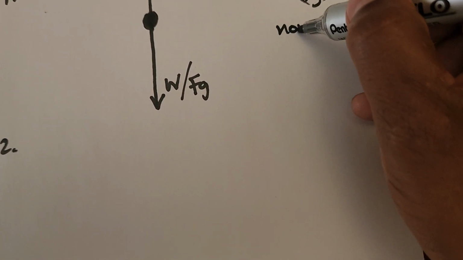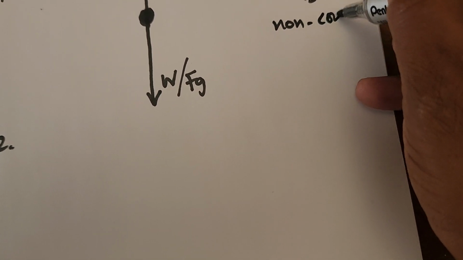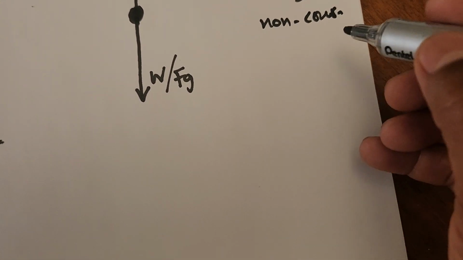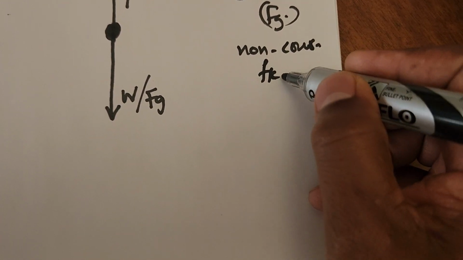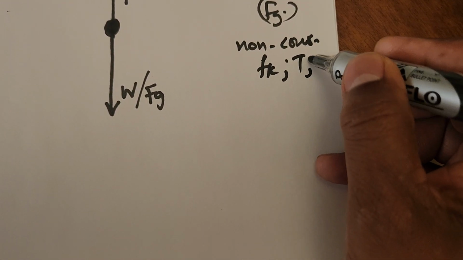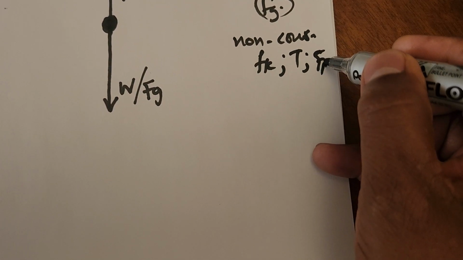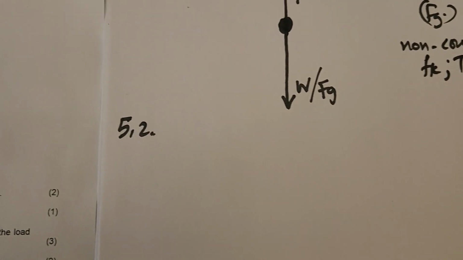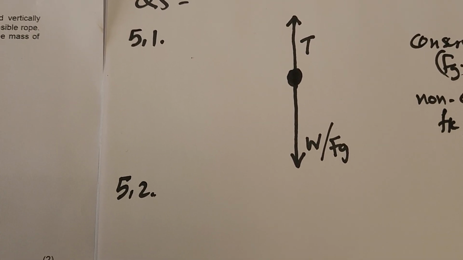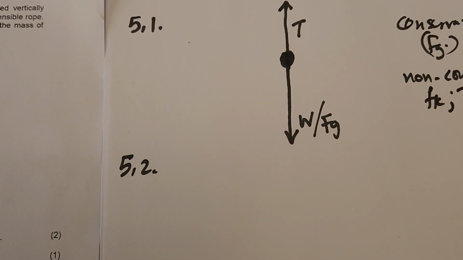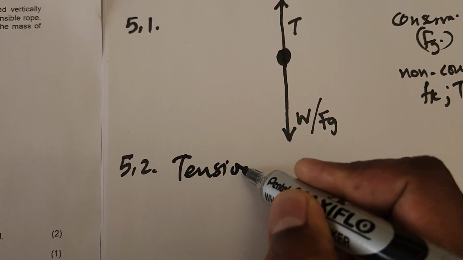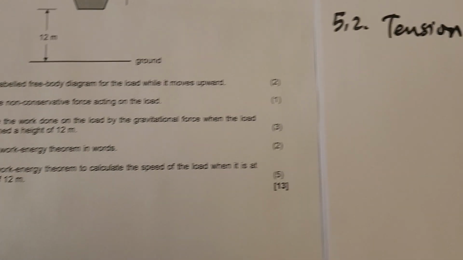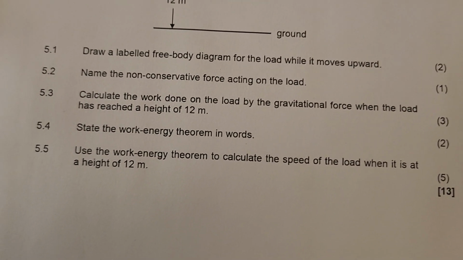Whereas non-conservative force, we have got 3 examples there. It will be your friction, kinetic friction, can be the tension, or can be the applied force. Now in this case, what is applicable, we have got only one that is in this group, non-conservative force, therefore it will be the tension. Just a name, that's okay, get 1 mark for doing that.